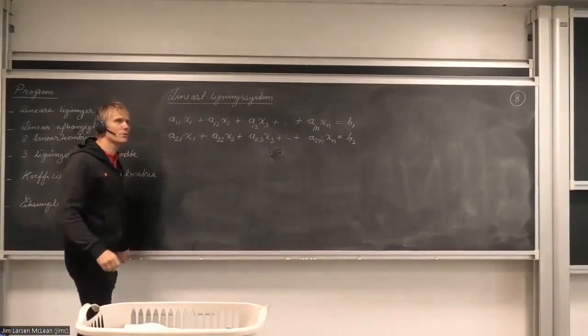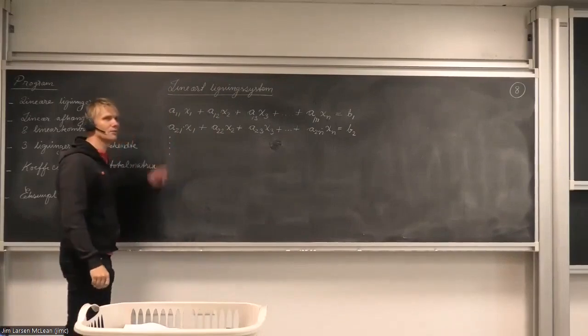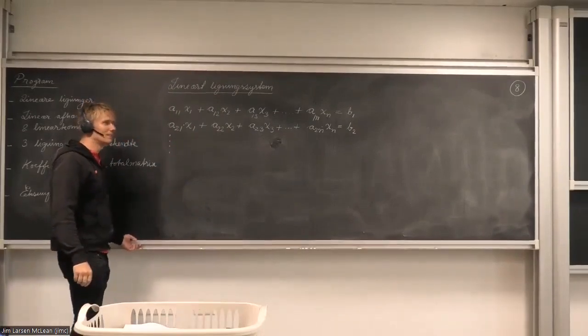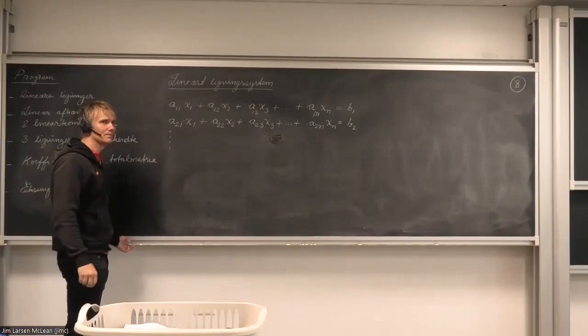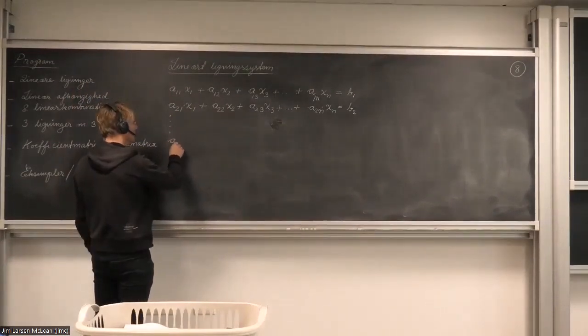And so the story continues down here because I have many equations. And of course, I cannot write them all down if there were 10,000. So I will just skip to the last one. Let's say the last one is number m.